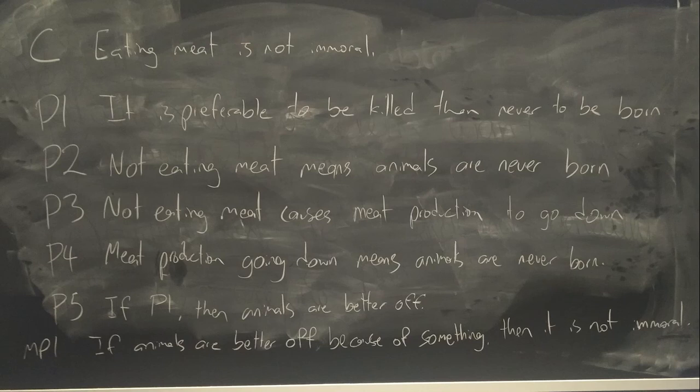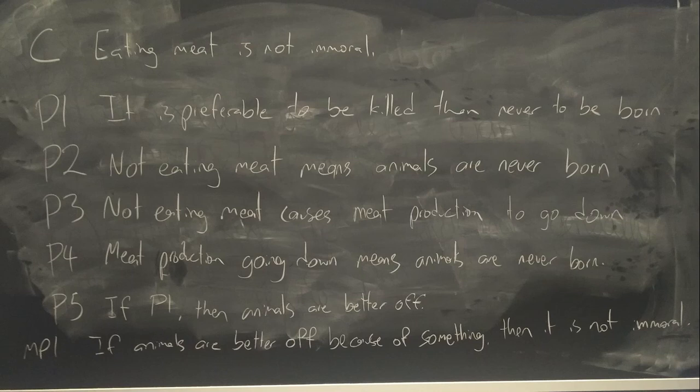So one of the things that happens when you pursue this second strategy is you end up with a lot fewer premises. Sometimes if you go sentence by sentence, you'll come up with a lot of premises. This way you might not get as many. Okay, so premise one, that definitely seems like a premise to me, right? This is part of the argument. It's preferable to be killed than to never be born.